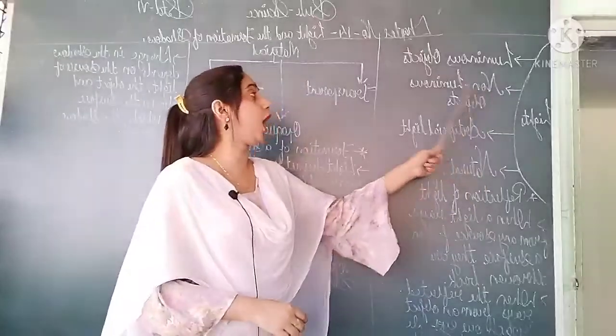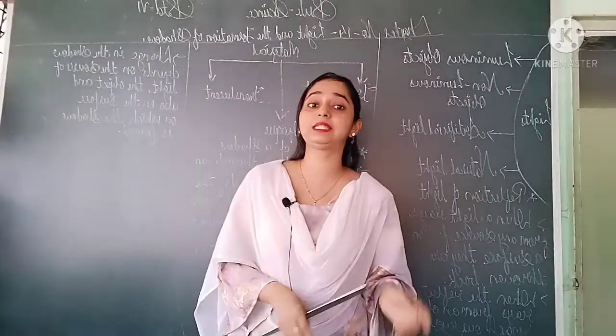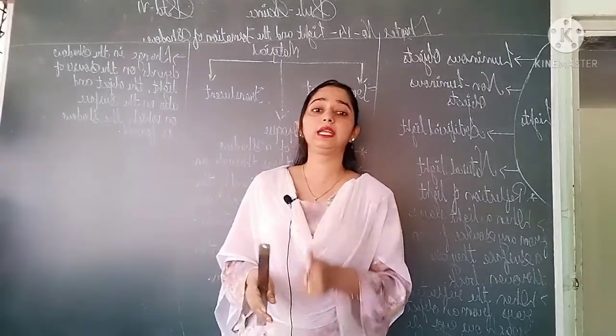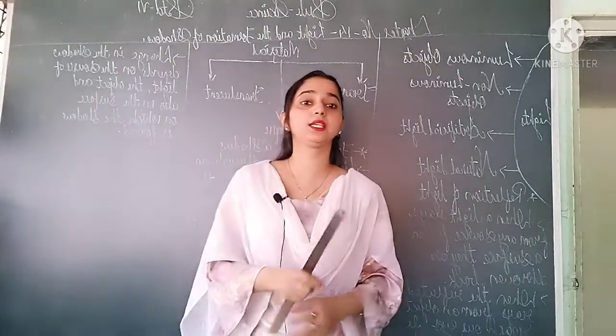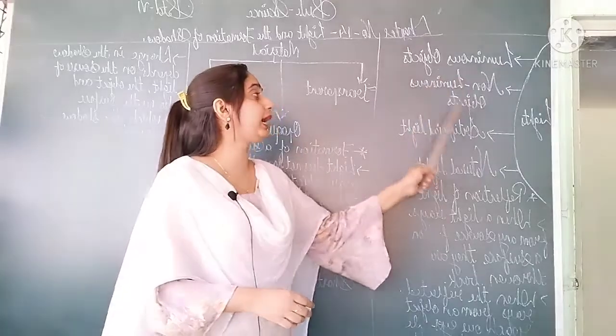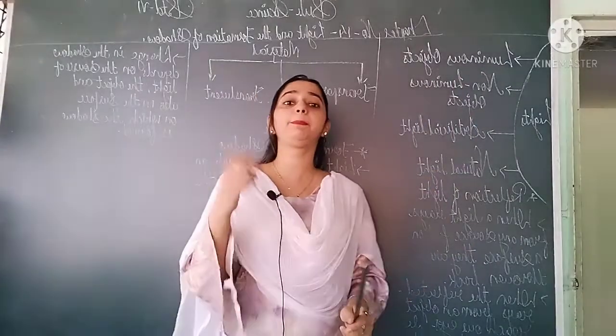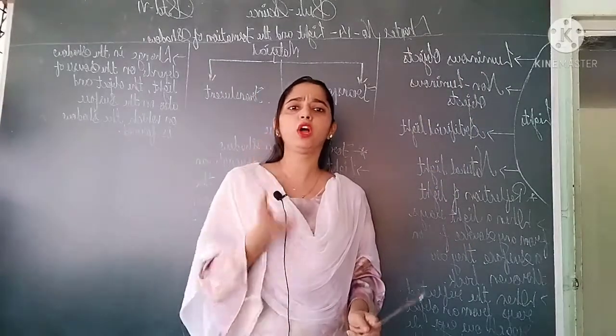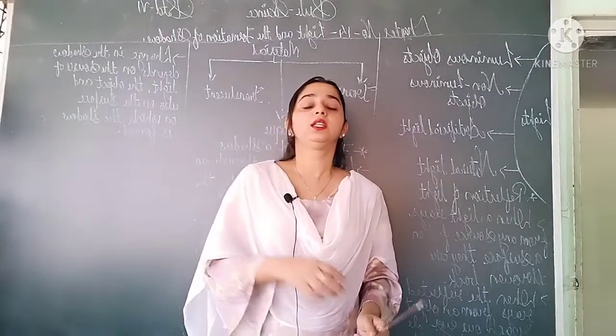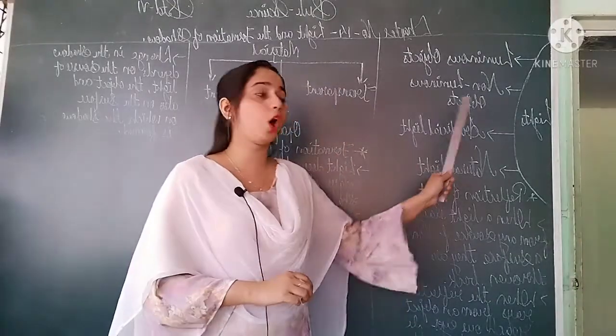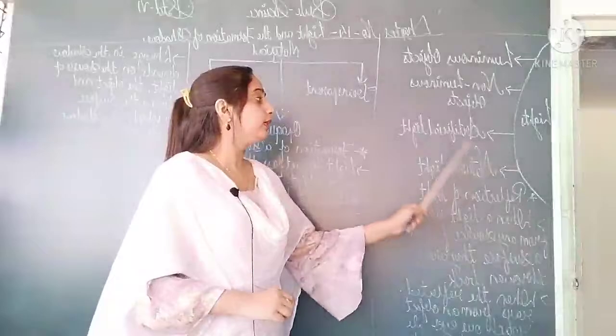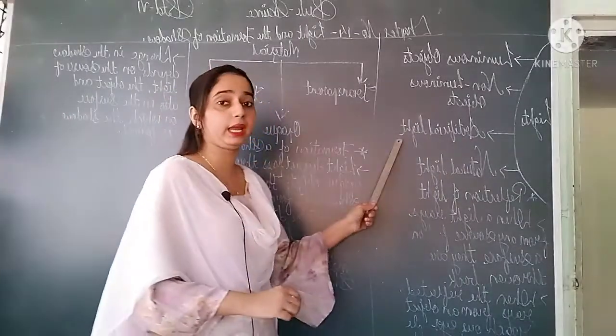Next is non-luminous object, meaning a thing which does not emit light. For example, planets, wood, and satellites are known as non-luminous objects. The third one is artificial light.